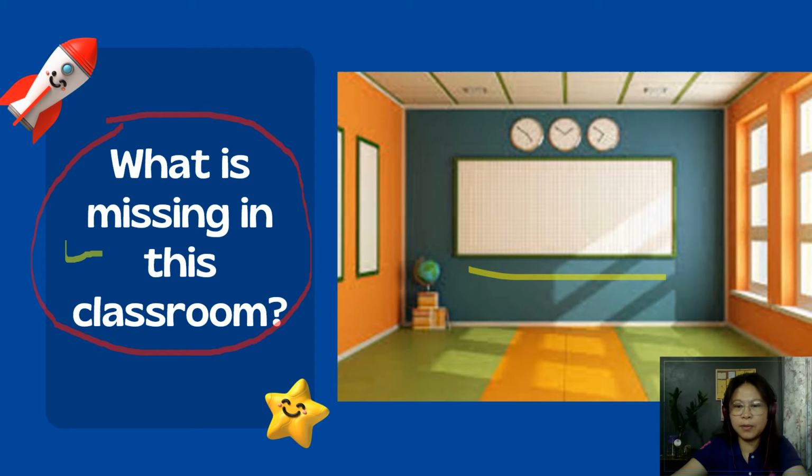For example, we need a chair. You write in your notebook a chair. Please write in your notebooks what is missing in this classroom. Do not forget to write a and an before the noun. Okay, understand?